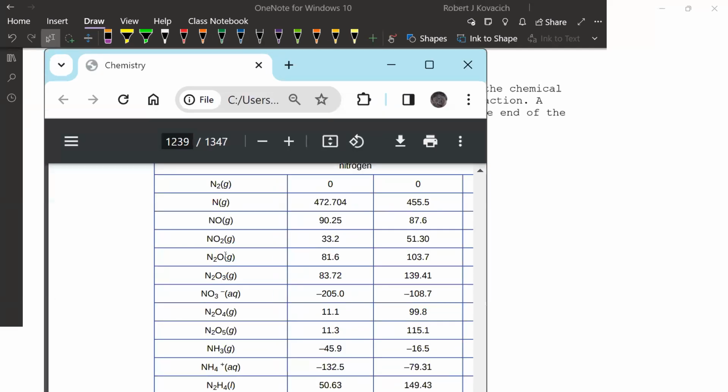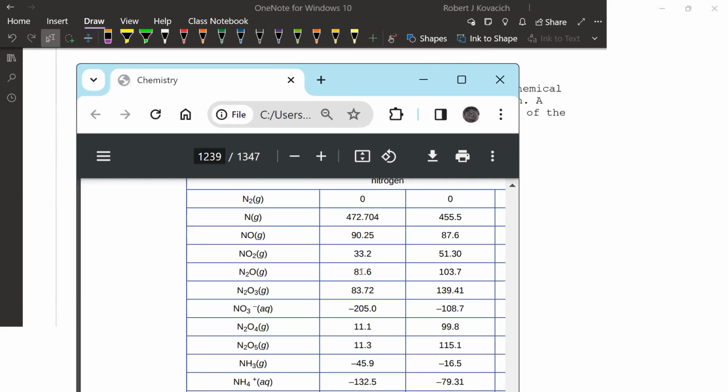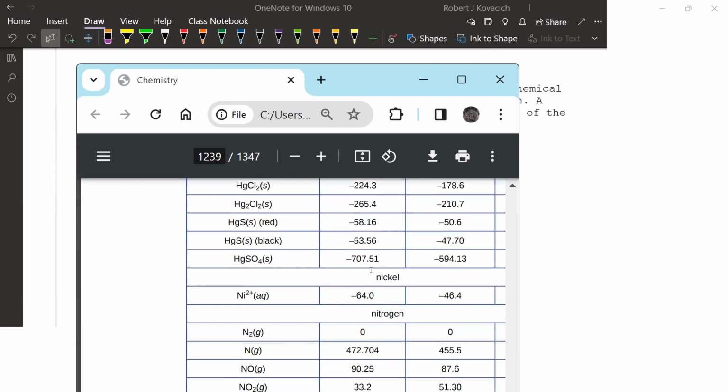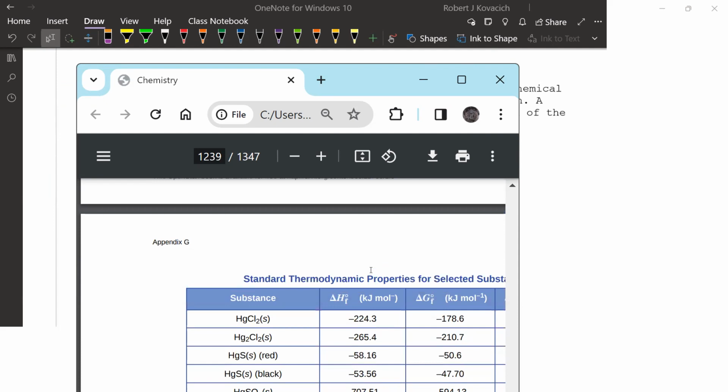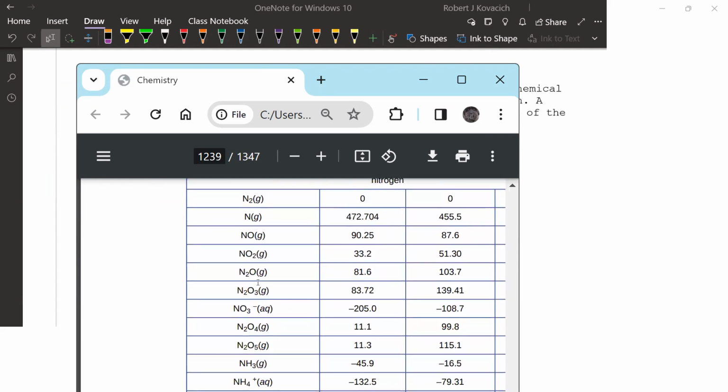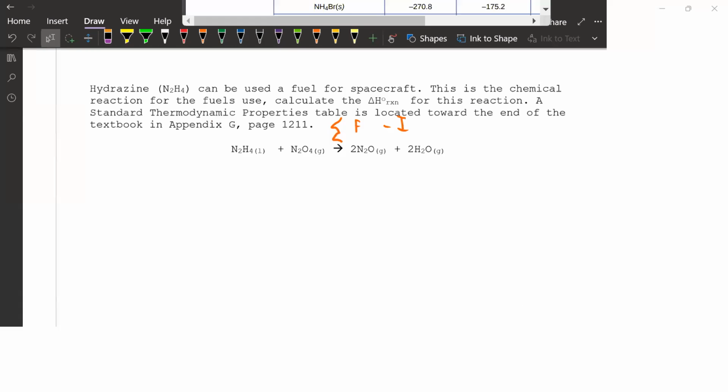And so here's the NO2. And let's see, we've got NO2 as a gas. And so the heat of formation is this 81.6.